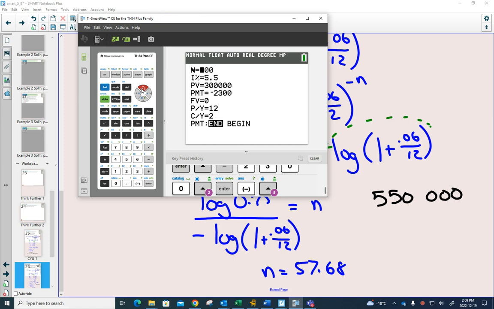Now, instead of 300 payments, it only takes you 197 to pay off your house. If I take the 2,300 and times it by 197.78.